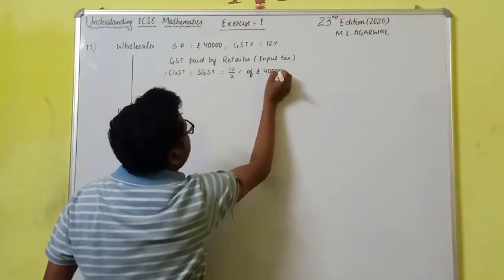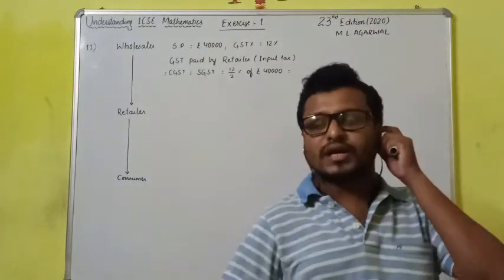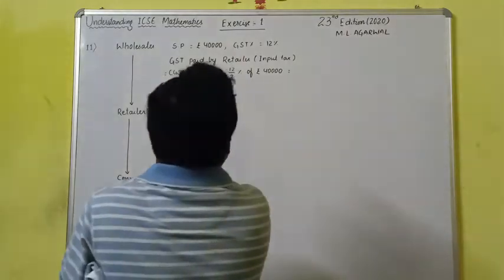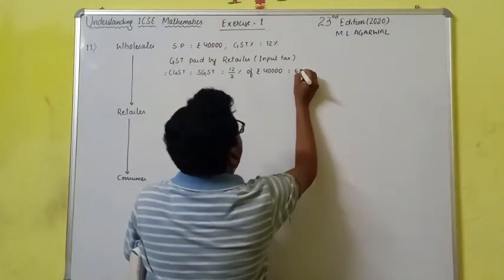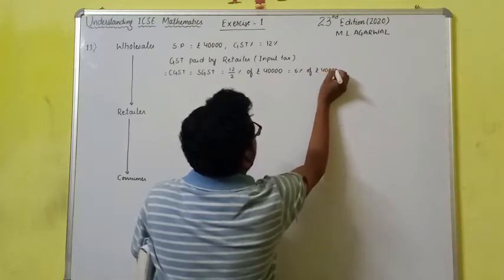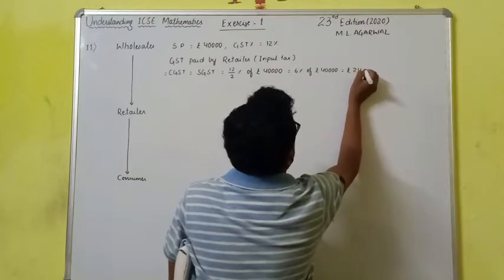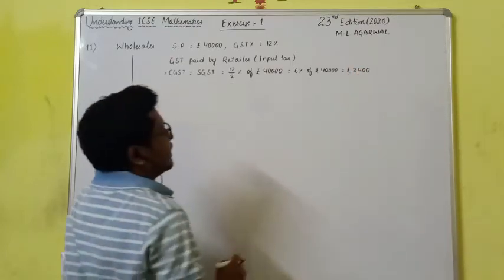So here I can write directly 6 percentage of rupees 40,000. So it will be, 0 cancel, rupees 2400.